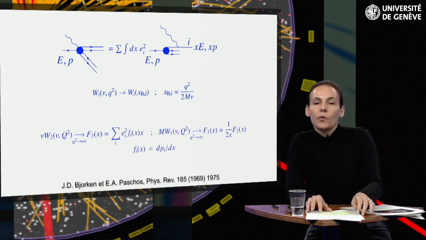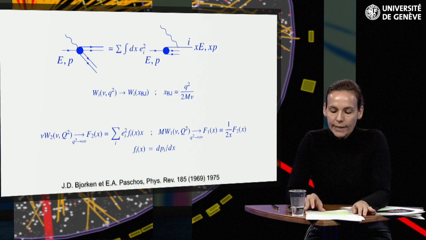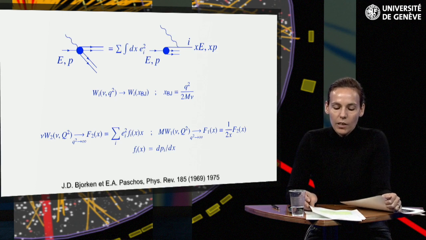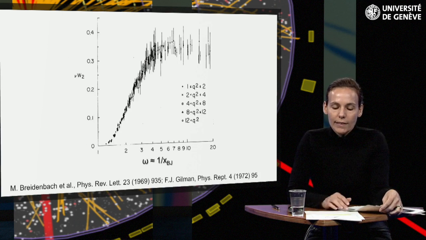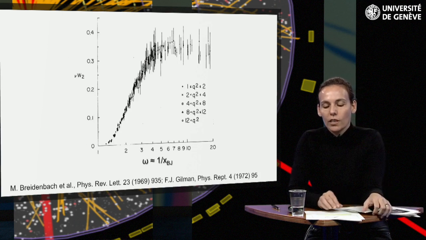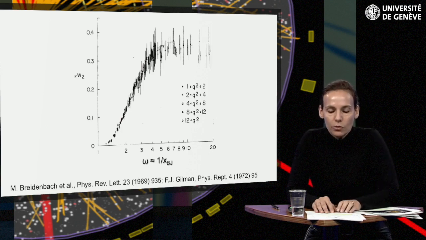In the limit Q2 going to infinity, the structure functions W tend toward the function f(x), which are directly related to the distribution of the fractional momentum x_i carried by quarks of type i. The experiments at SLAC have in fact shown that the phenomenon of scaling already occurs at a moderate Q2.